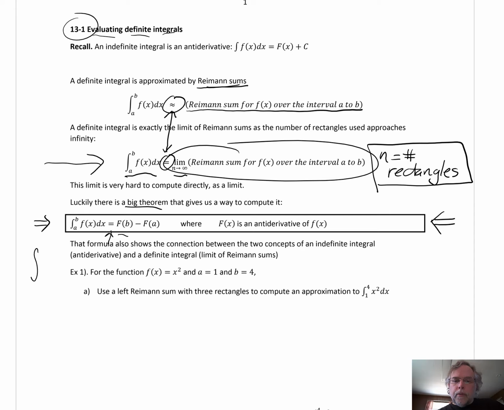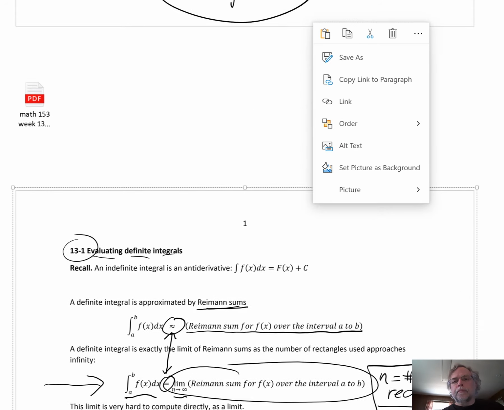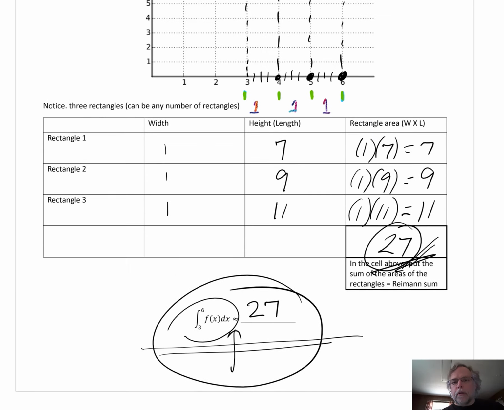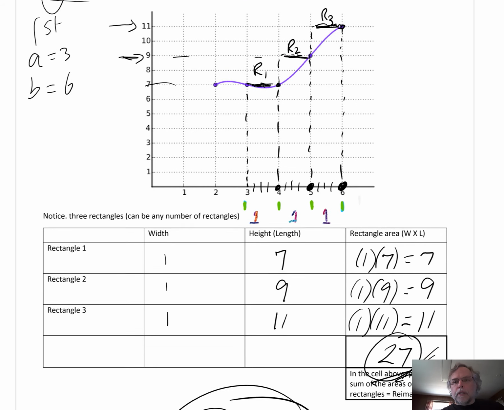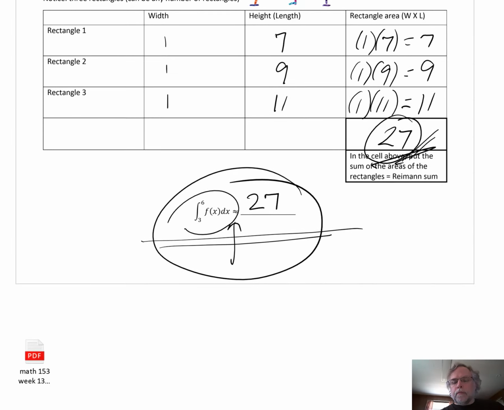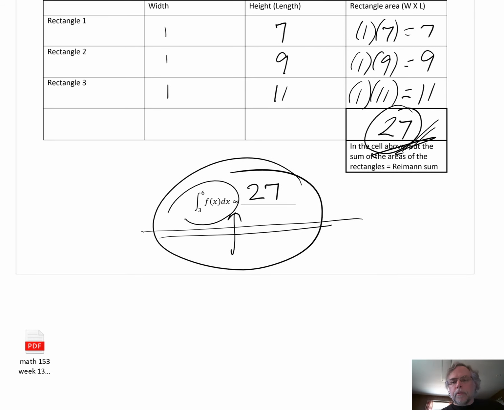And in order to use this formula, you need to know what capital F is. And this is what it is. Capital F of x is an antiderivative of f of x. So this formula in the box shows the connection between the definite integral, which is a number that we would get by increasing the number of rectangles here, taking the limit as n goes to infinity, and figuring out what that limit would be equal to.